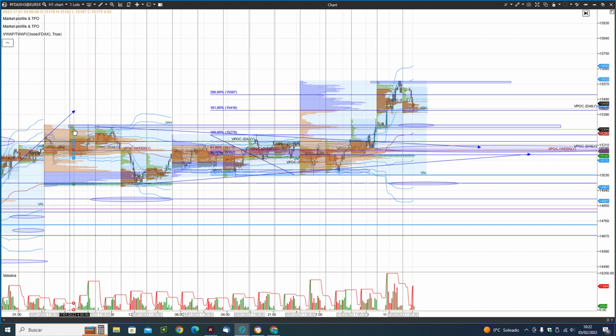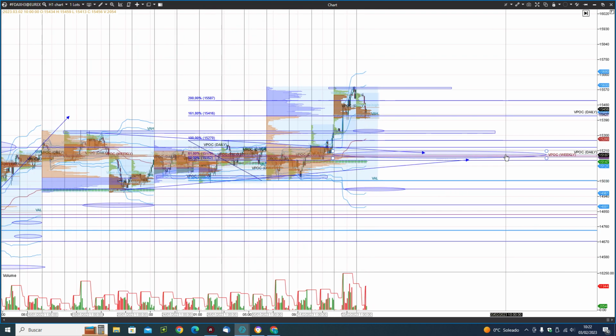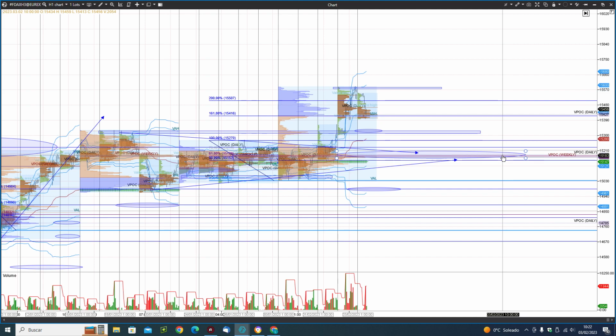First of all, this price action zone with this intra-week high volume node, 15,319. And the next and very, very great target, it will be this concentration of volume, this high volume node, this current weekly VPOC at 15,174.